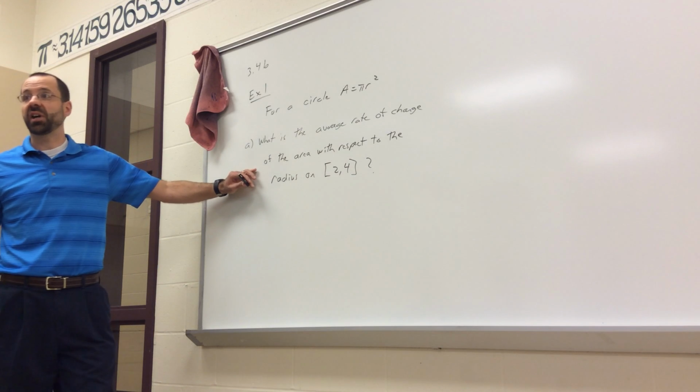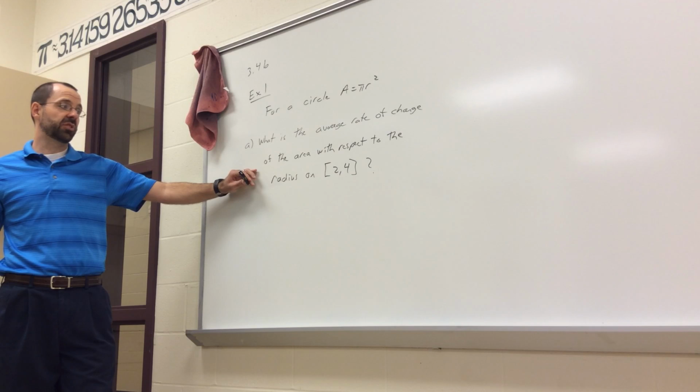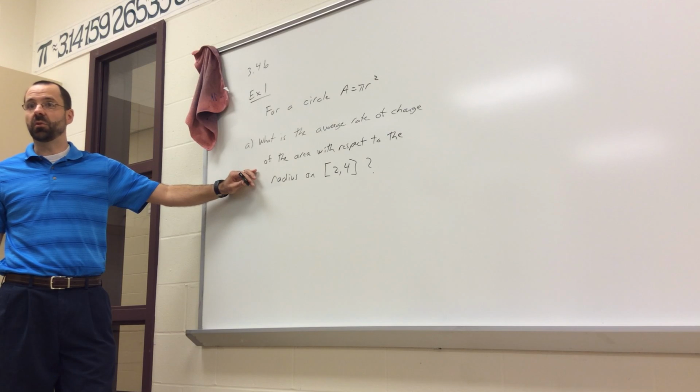So we got area equals pi r squared. And the question is, what is the average rate of change of the area with respect to the radius on the interval 2, 4?